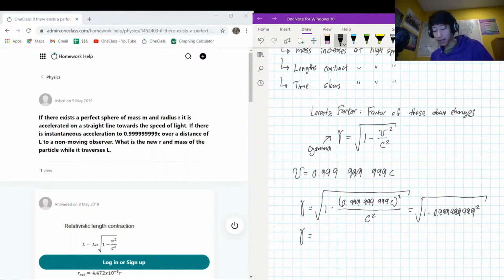Okay, and let's send that to our calculator to figure out precisely what that is going to be. So under the root, 1 minus 0.999999999 squared, our factor for here is going to be 4.47 times 10 to the negative 5.